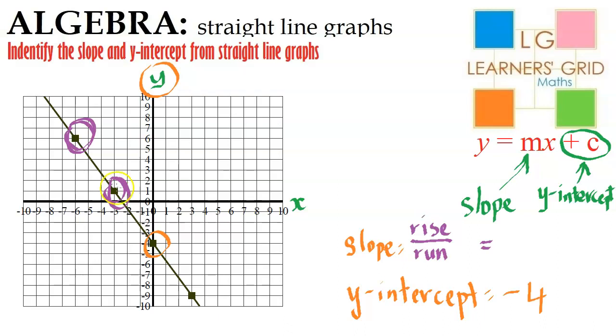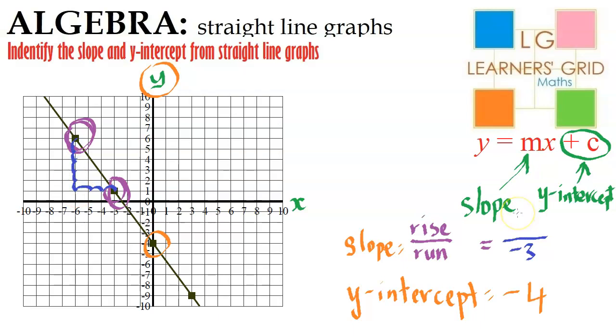So let's do that. I'll start here, and to get to here, I need to go left, right? So I've got to go 1, 2, 3 steps to the left. Now, because I'm going to the left, those are negative steps. So the run is minus 3 steps. Okay, and now I just need to come up with the numerator. And that again, I start here where I left off and go 1, 2, 3, 4, 5.